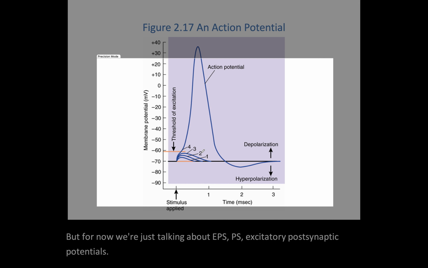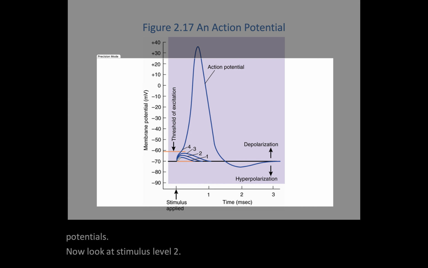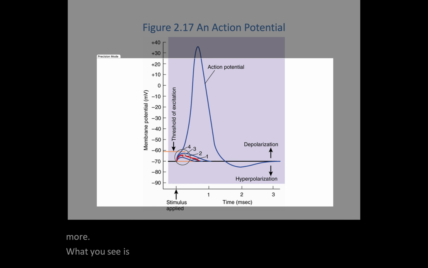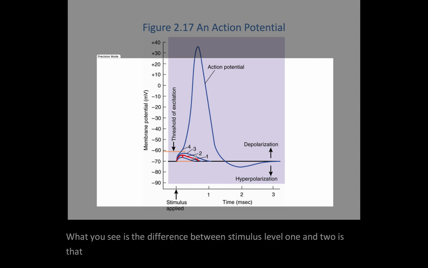Now, look at stimulus level 2. We give a stronger zap, beep, and the cell depolarizes, this time a little bit more. What you see is the difference between stimulus level 1 and 2 is that the depolarization is a little bit stronger, and what goes up higher takes a little bit longer to come back down.